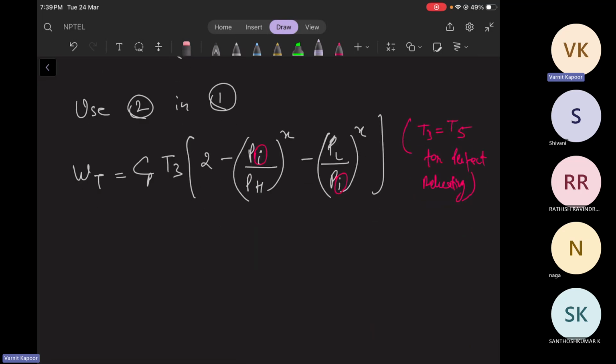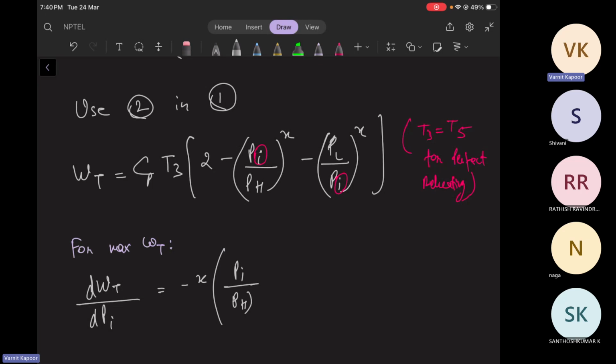So for maximum work output, you differentiate the work of the turbine with respect to P intermediate, and you will finally get this expression: minus x times (Pi by Ph) to the power of x minus 1, plus P lower to the power of x times x by Pi to the power of x plus 1, equal to 0.